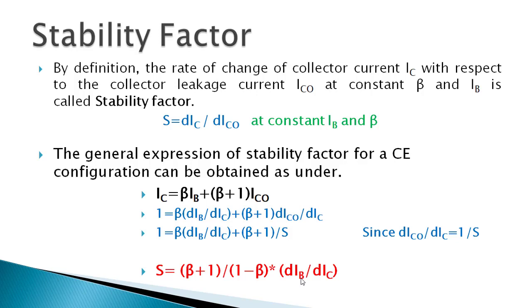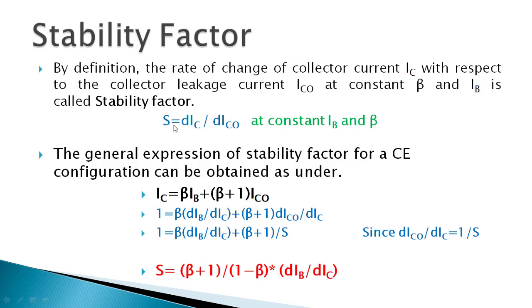The stability factor, by definition, is the rate of change of collector current IC with respect to collector leakage current ICO at constant beta and IB. This change in collector current with respect to collector leakage current has to be minimized, so that the circuit has greater stability against the previous three categories: individual variations, thermal runaway, and temperature dependence of IC.